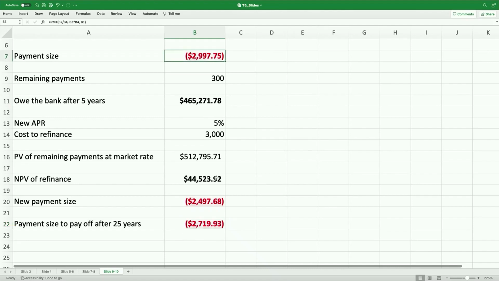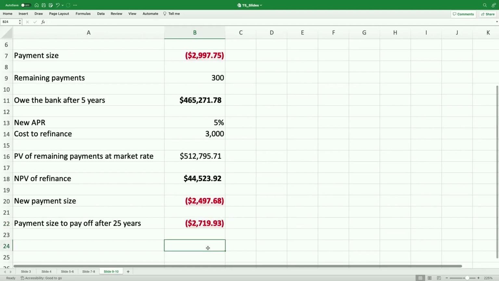So you can see apples to apples, you are saving about $280 per month on your monthly payment by switching from Wells Fargo to B of A if you want to pay it off in 300 months.